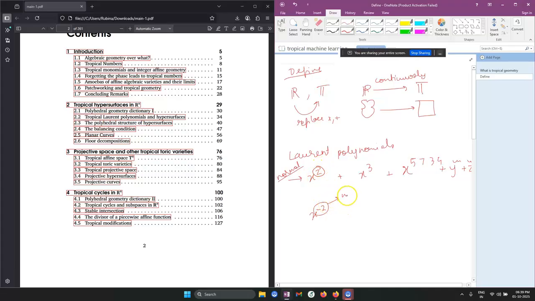Negative integers. Or you can just say all integers. That's better. All integers. Plus say x minus 3 plus x 5, 7, 3, 4 plus so on. Okay. So these are Laurent polynomials.